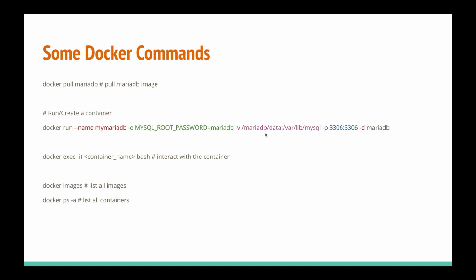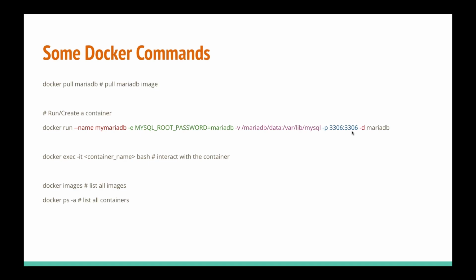In this way, you can map a local directory on the host to directories on the container. So when you shut down the container or replace it with another container, you are going to have your data saved on the host. -p to define some ports. Always the host is on the left side, the container is on the right side.